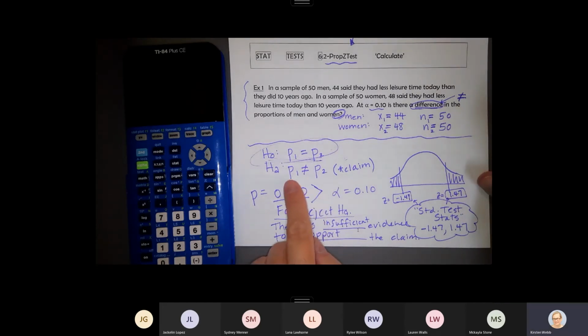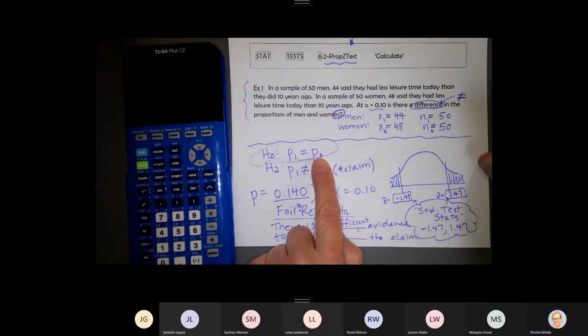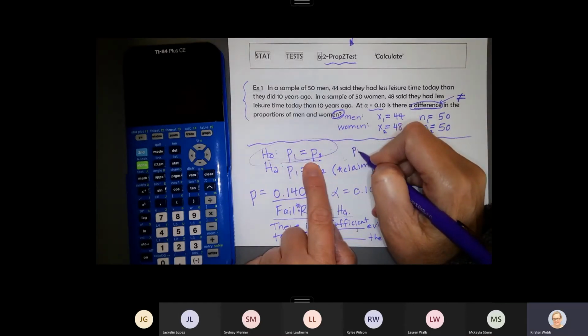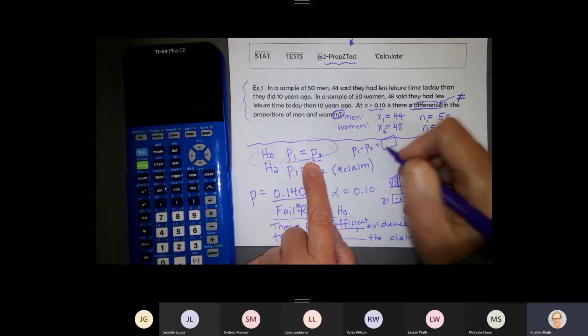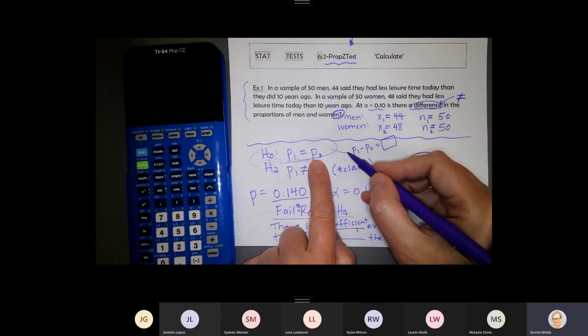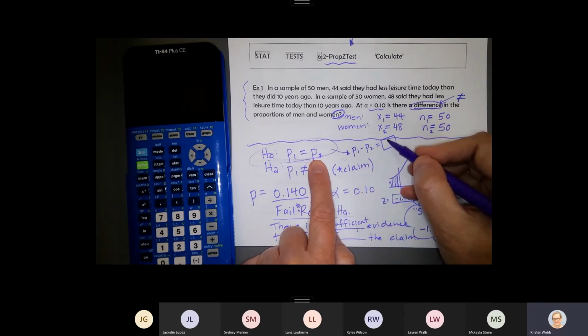We said there's not enough evidence to support the claim that they are different. So we're leaning more towards saying they're the same. If two numbers are the same and you subtract them, do you know what you would get? If two numbers are the same and we subtract them, we should get 0.